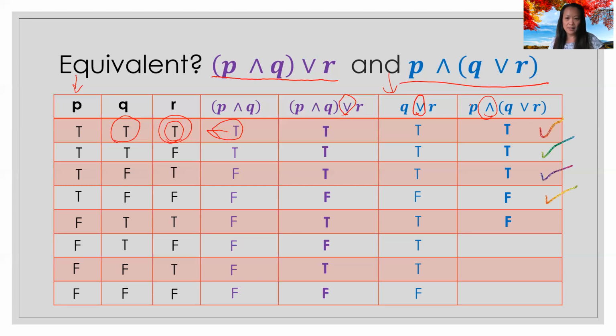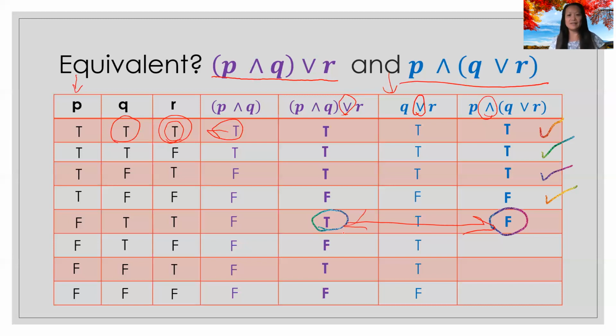Wait a minute. All of these first 4 checked out, but then this one is true and this one is false. So we don't need to go any further. You know that they do not have the same truth value for all possible combinations, because here is my example of when they do not work, right?